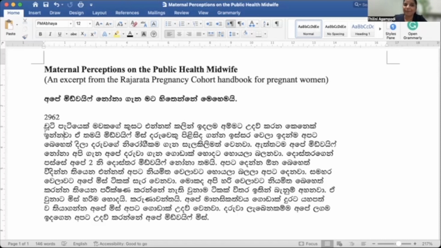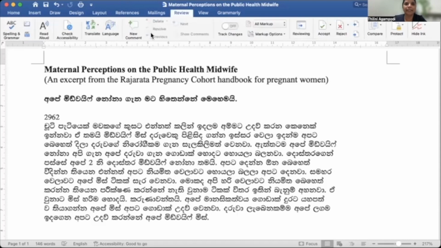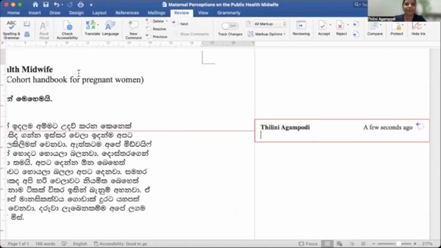Okay, because we have limited time, let's see how you do it. Now we have this option in Word, where we go to the review pane in the ribbon, and you can select the new comment option.